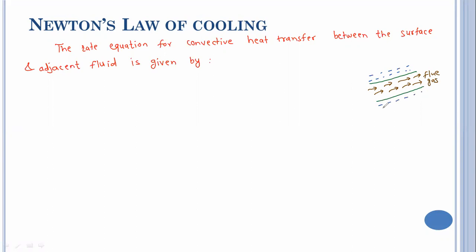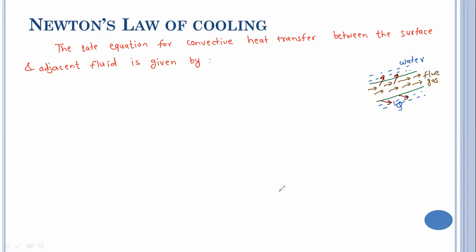How much amount of heat is going to flow from flue gases to this water is given by Newton's law of cooling. How much heat is flowing between this surface and the adjacent fluid. Water is what? Fluid.